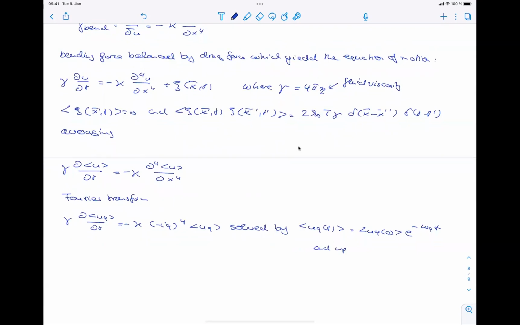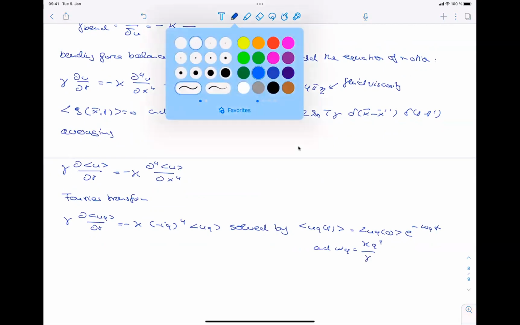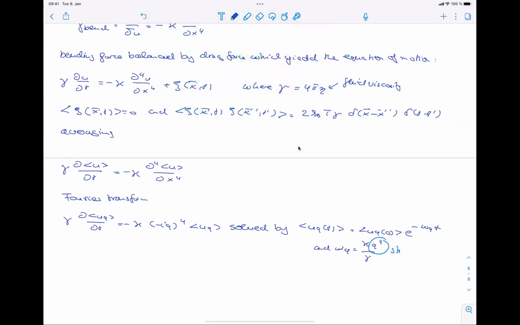And here omega, oops, not p, q, it's kappa q to the 4 over gamma. That's a very high, strong q dependence. And so this now governs our relaxation dynamics, this factor there.